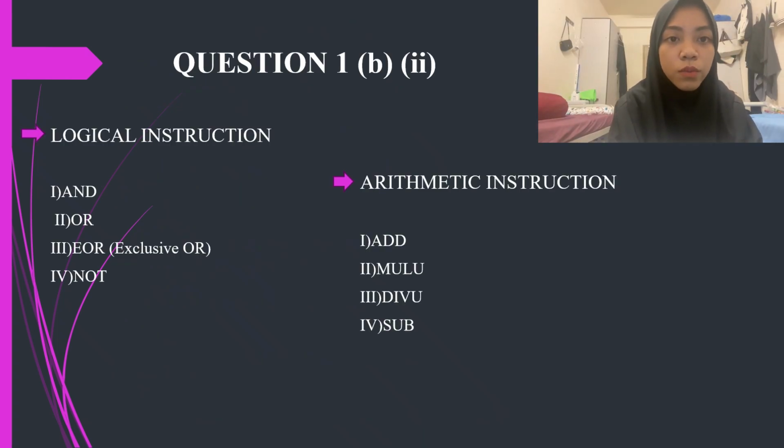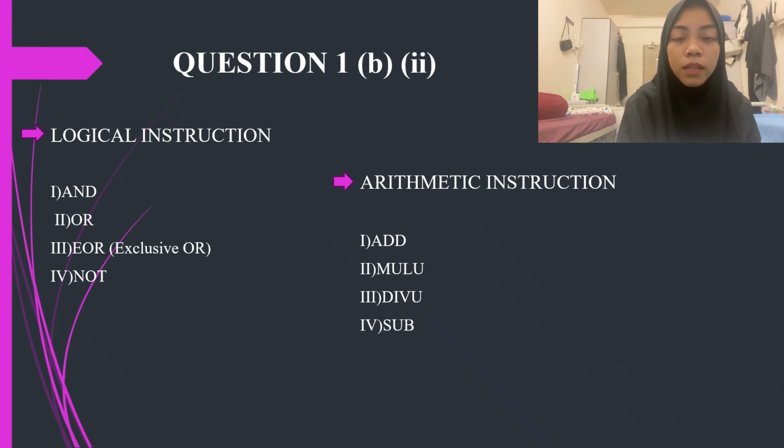Alright, for question 1b2, we are looking at two main types of instruction used in computer systems: logical instruction and arithmetic instruction. First, let's talk about logical instruction. These are used to perform logical operations on binary data, that is, data represented in 1 and 0.